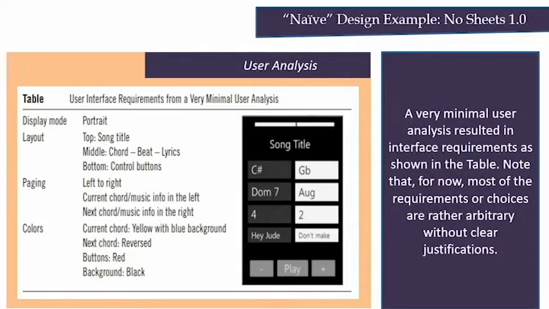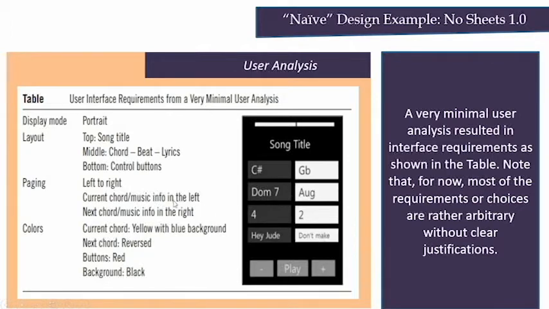Then a very minimal user analysis resulted in interface requirements as shown in this table. Note that for now most of the requirements or choices are rather arbitrary without clear justifications.